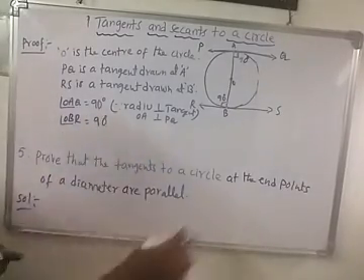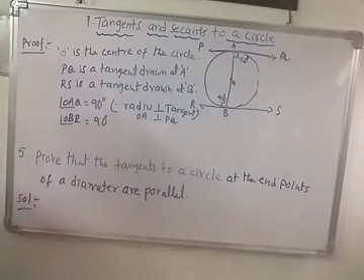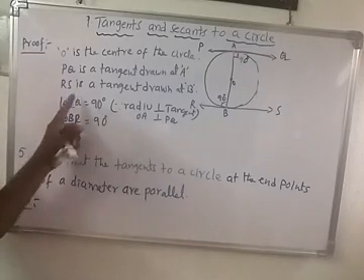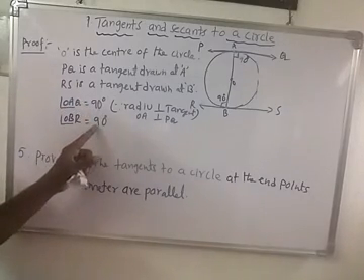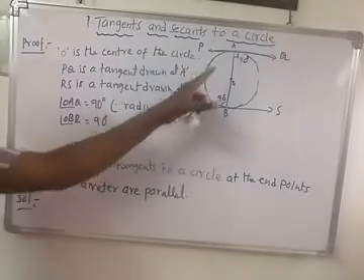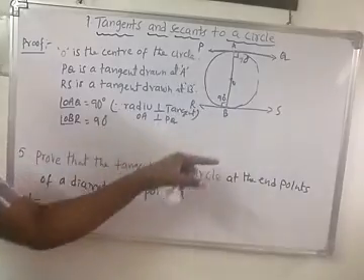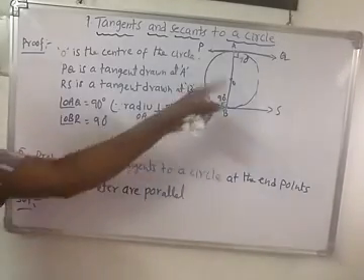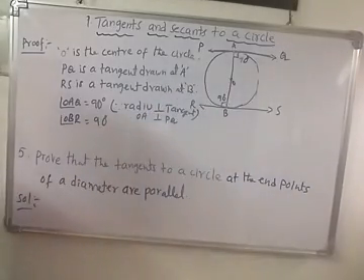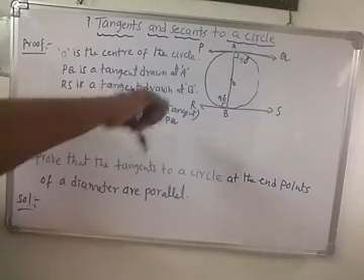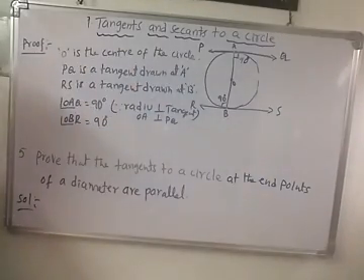So here AB we take as a transversal. These angles are on both sides of the transversal line. So these angles we call as which angles? Alternate interior angles.